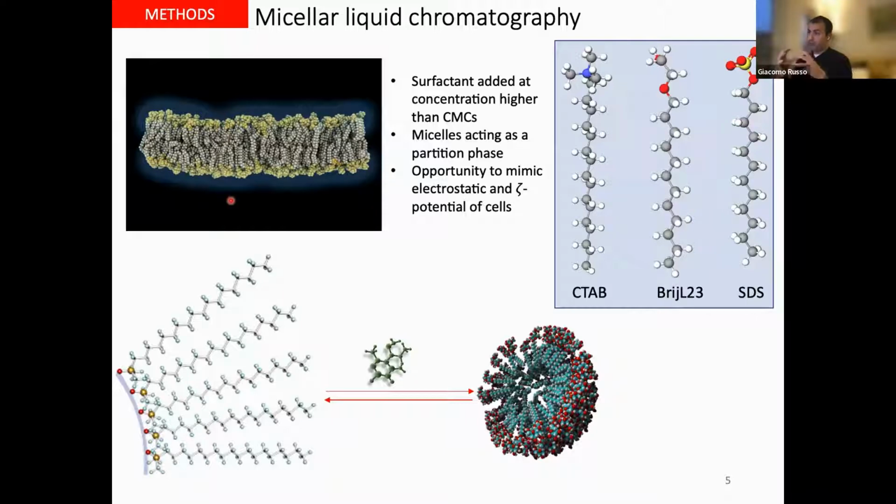And we can mimic the lamellarity and the electrostatic environment of cells. In fact, micelles act as a partition phase. So during the chromatography, the analytes can interact with the stationary phase, but also interact with the micelles that are present in solution.